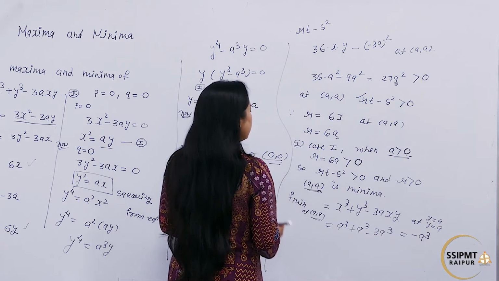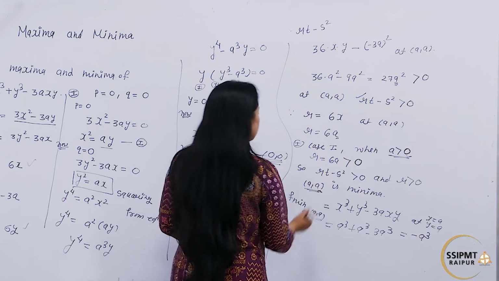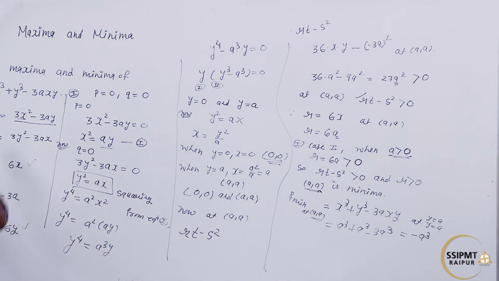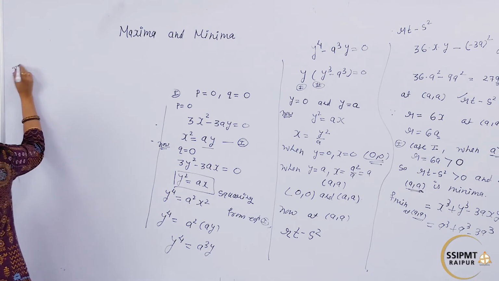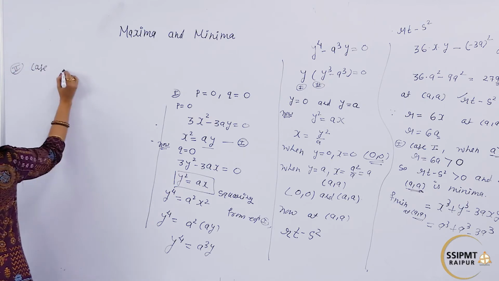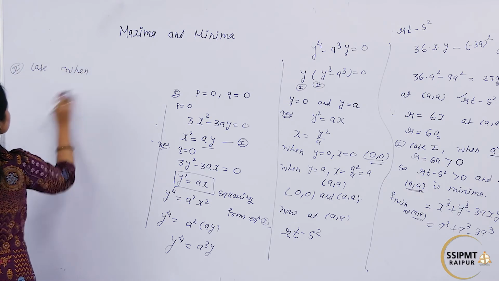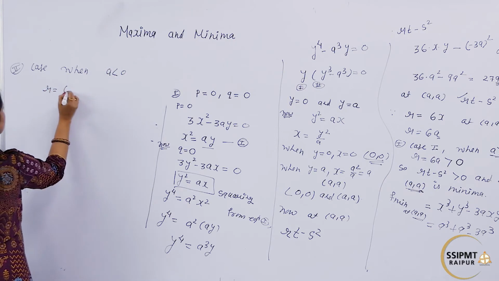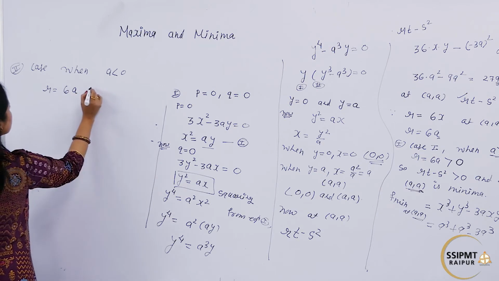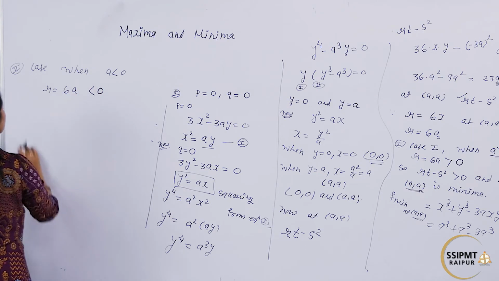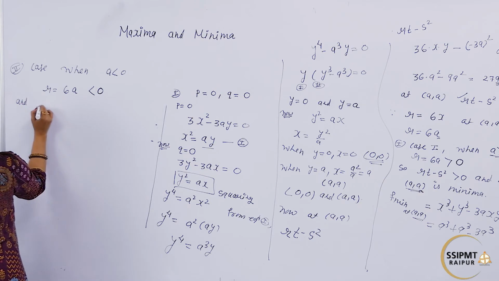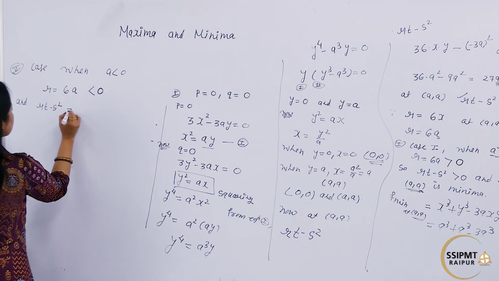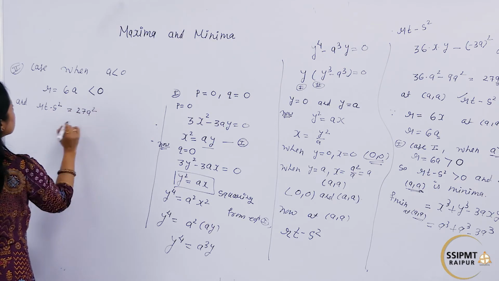Alright. And we have the second case, when a is less than 0. When a is less than 0, then r, which is equal to 6a, is also less than 0, and rt minus s square is 27a square.